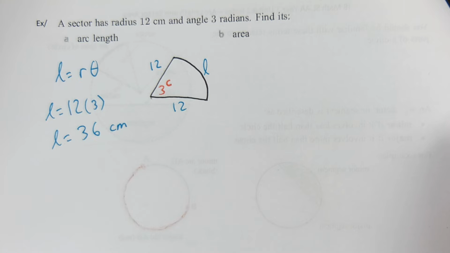Looks like you have a question. Ask. Huh? 3 radians is an angle. It's almost 180 degrees. Just write 3. Because if there's no degree symbol, it's assumed that it's in radians.